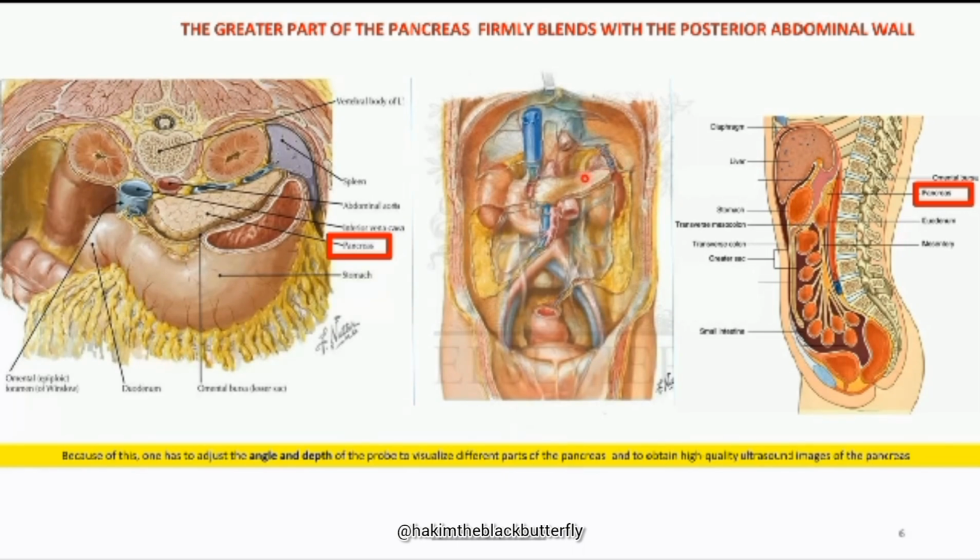As we can see here, it's lying oblique, and this obviously shows you that the tail is more posterior. This is the body. You can see the tail. The tail is more posterior because of the obliquity of this pancreas. It's going to be behind the peritoneum. This is the parietal peritoneum.